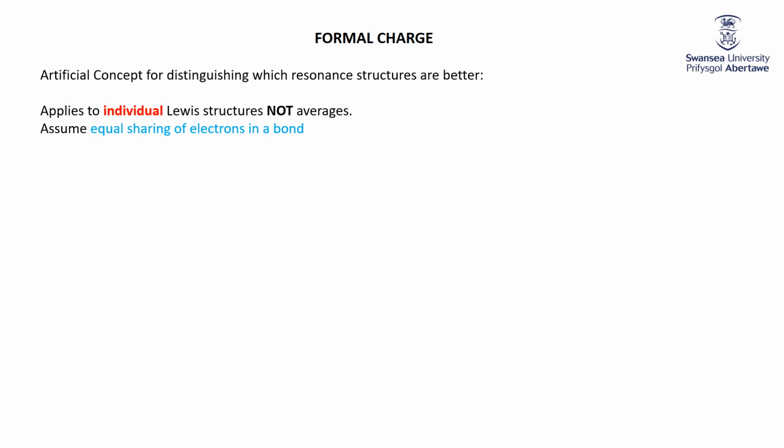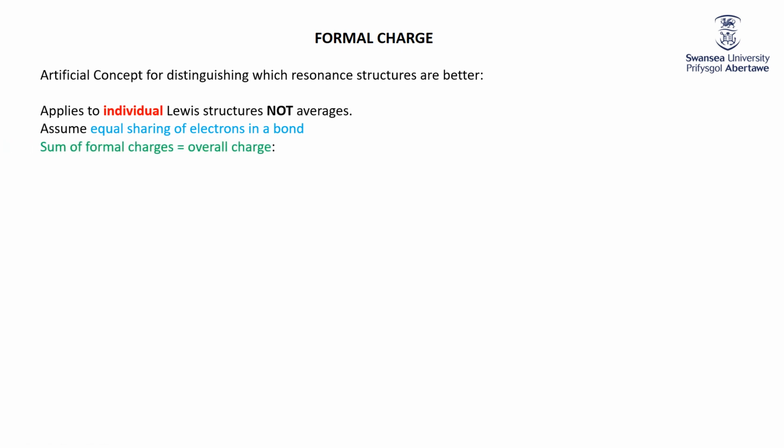What we're going to do is effectively add up, for each atom in the picture, how many electrons it's got, saying that for every bond it has, it gets half of the electrons in that bond. Every lone pair it has, of course, is completely its own. Then we see how that compares to the number of valence electrons with which it started.